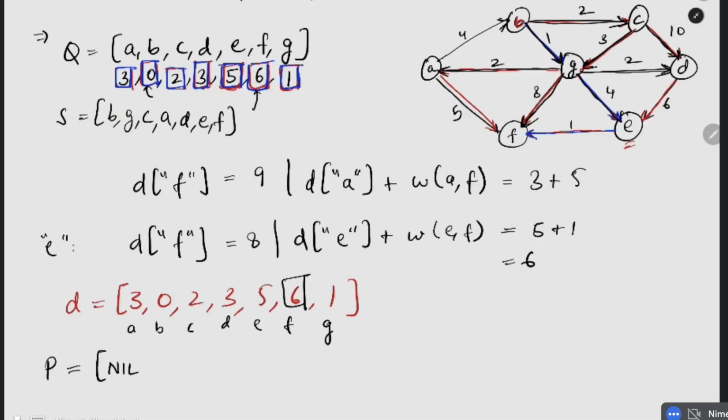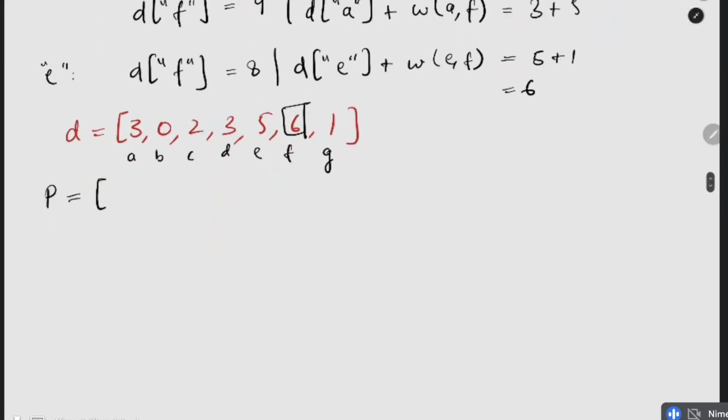As we keep updating the values here, we keep updating the parents also. So let's do that with one more example.